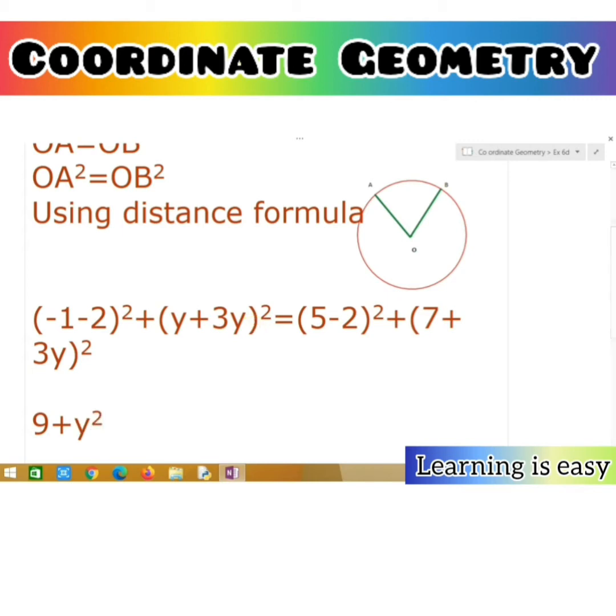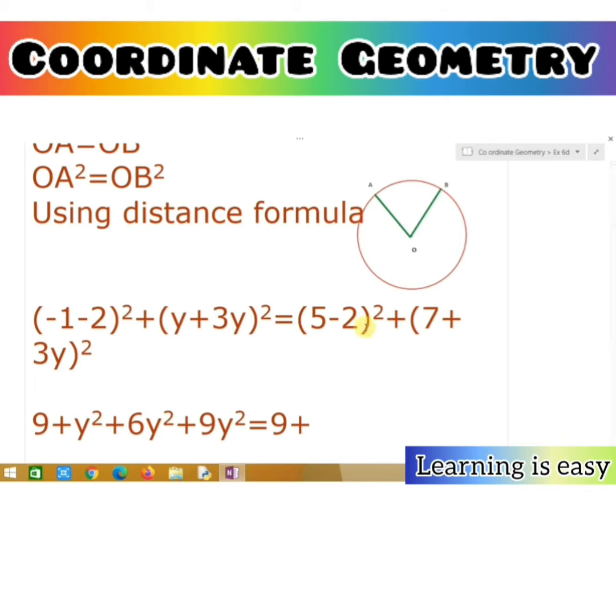Y square plus 6y plus 3y whole square is, that's b square, 9y square, equal to 5 minus 2, again 3 square, that's 9, and a plus b whole square form.